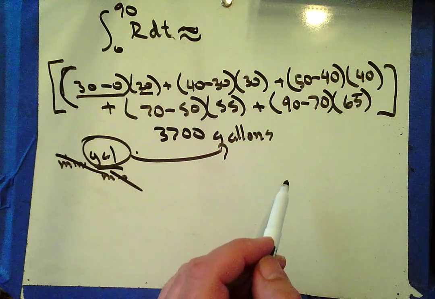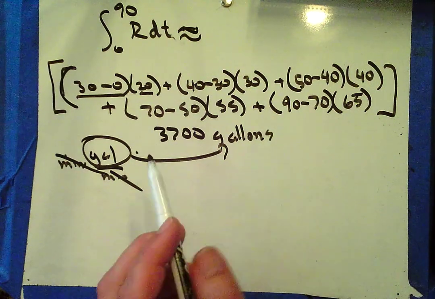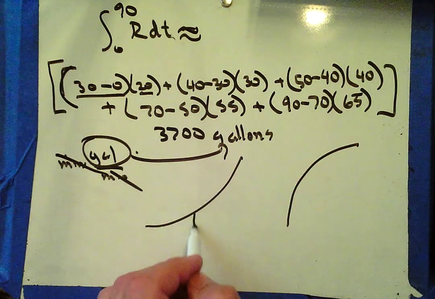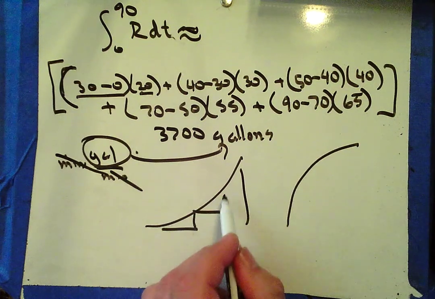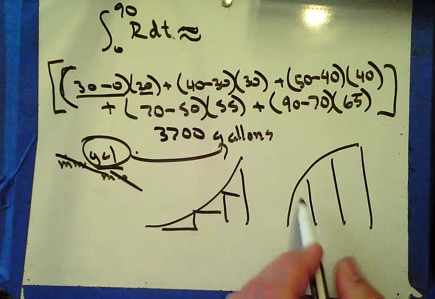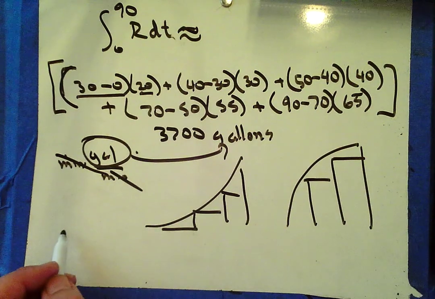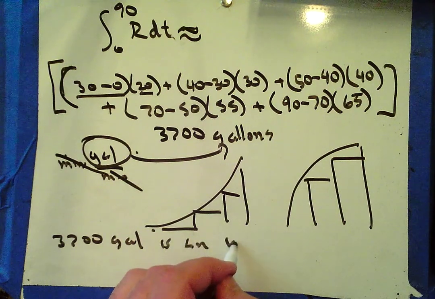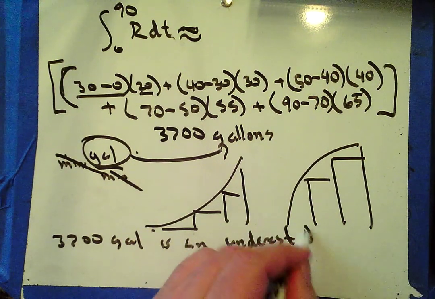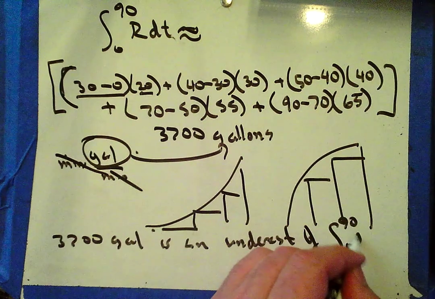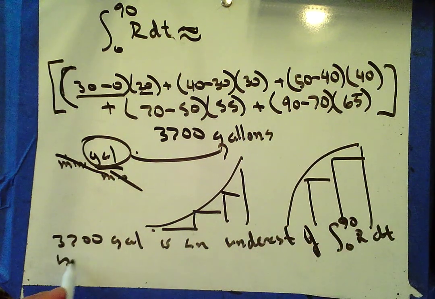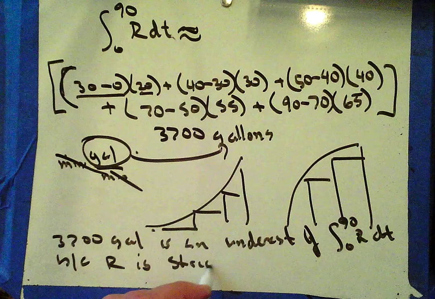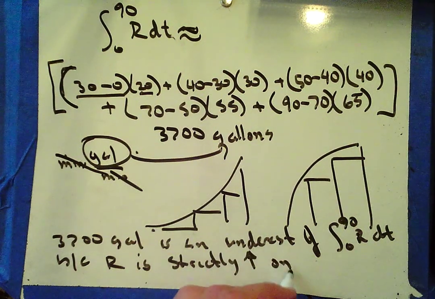Is this numerical approximation less than the actual value? Well, we're told that this is a strictly increasing function, and again, we're doing LRAM, and we saw that LRAM for a strictly increasing function was always an underestimate. 3,700 gallons is an underestimate of the integral from 0 to 90 of R dt, because R is strictly increasing on 0 to 90.